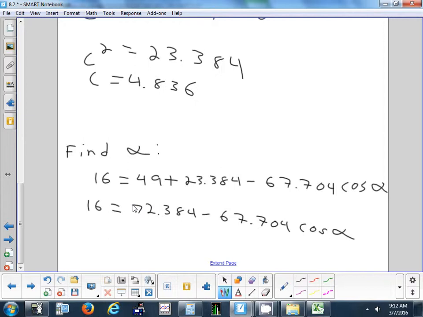You can't do that. This equation is kind of like this: 72 minus 67x. The 67 is multiplied by something you don't know. 72 and 67 are not like terms. So we're going to move the 72, and then we'll get rid of the 67.